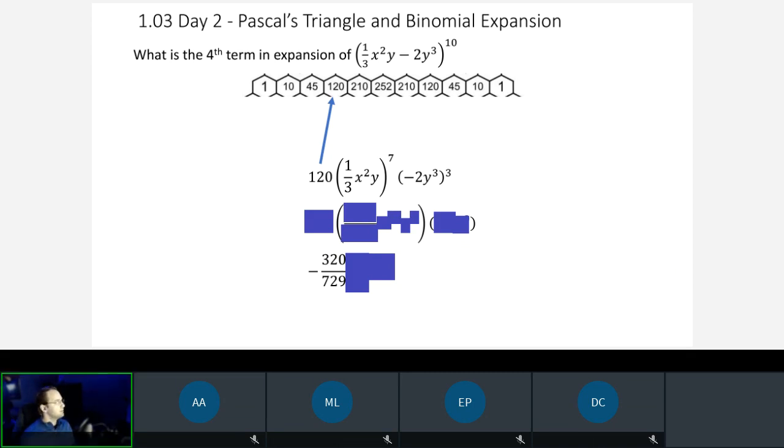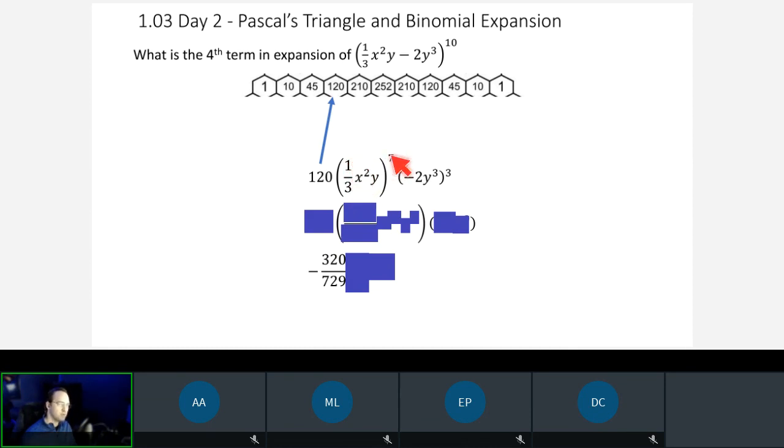All right, let's go on. So you have 1/3, an x, and a y. You have to power all 3 factors: 1/3 to the 7th, x squared to the 7th, y to the 7th. In fractions, when you have a fraction to a power like this, you are doing the power of 7 to the numerator and the denominator.